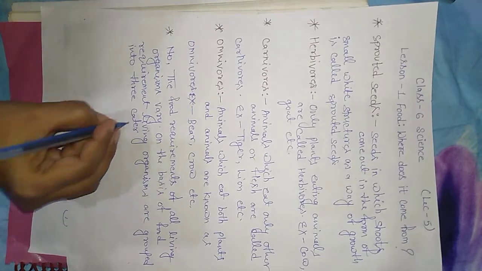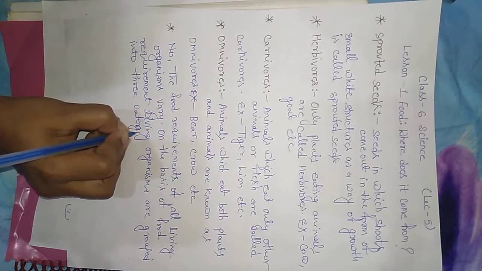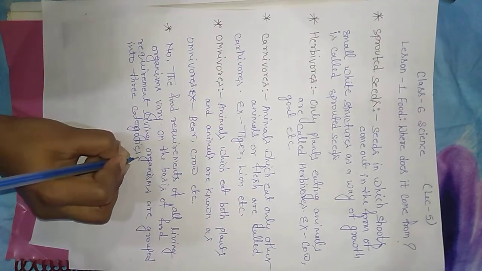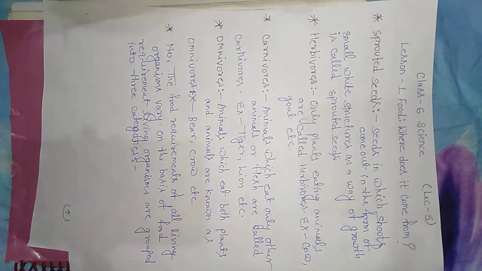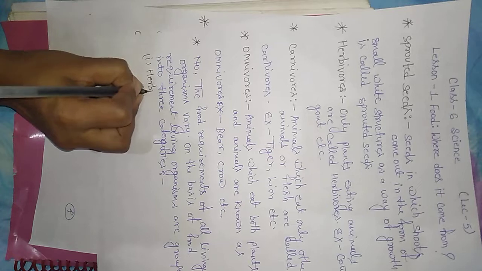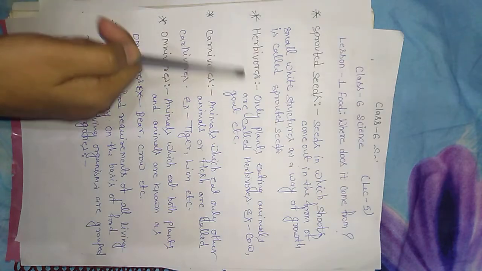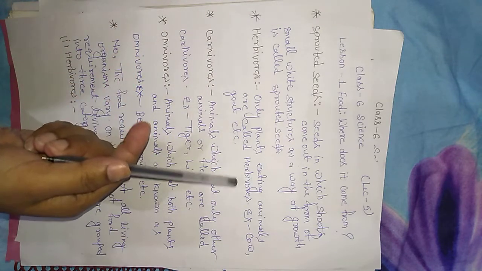And what are these three categories? Yes, you all know it. First one is the herbivore. I tell you about this here. Only plant eating animals are called herbivores. You can write it here also.